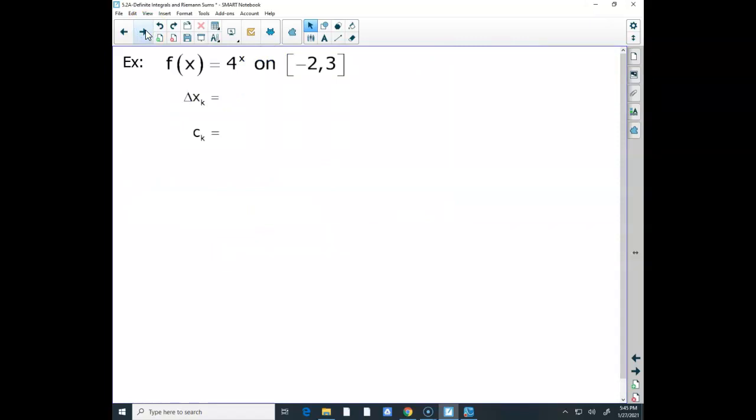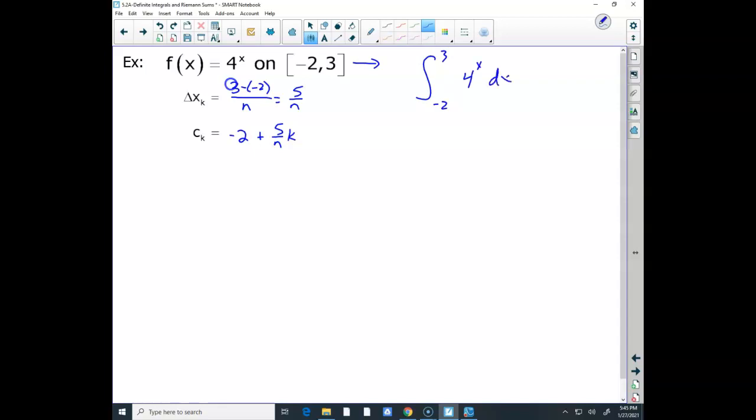So if I went through to write this the way we have the previous couple days, I'm going to take 3 minus negative 2 over n, right? So I'm getting 5 over n, as long as I'm on my right example. Which means my c sub k is negative 2 plus delta x times k. Well, how did we go through all this business? Hopefully we can see that this is going to be my integral from negative 2 to 3 of 4 to the x dx.